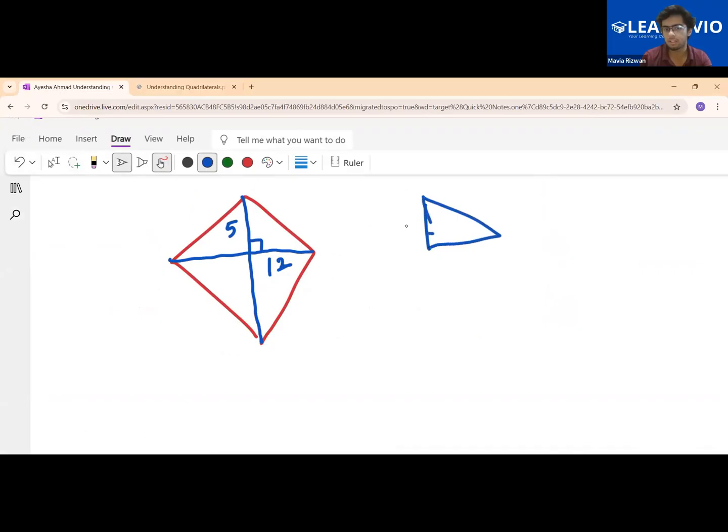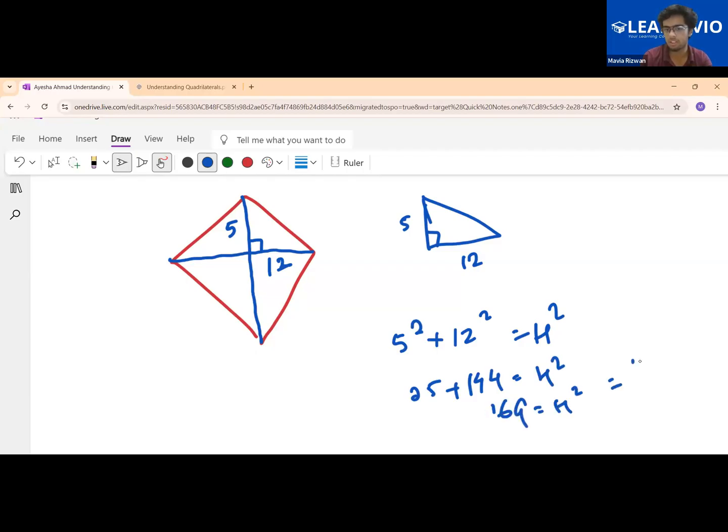So we will apply the Pythagoras theorem: 5 square plus 12 square is h square. So 25 plus 144 is equal to h square. So 169 is equal to h square. Therefore, h is equal to under root 169, that is equal to 13. Okay, Aisha? This is how we can do it if the side is not given. Definitely a question will come where you have to find the side using the diagonals. Is this clear now? Yes, sir. Okay, note this down.